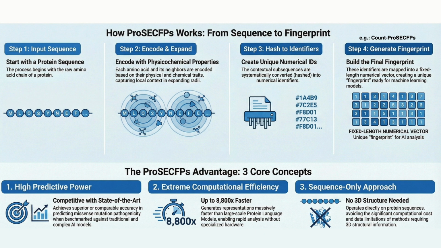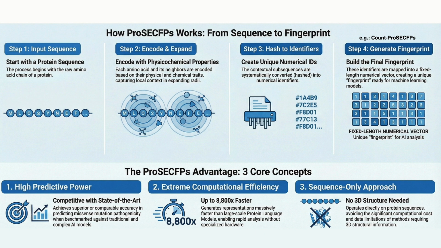The authors propose two types of representations. A binary method, where each position in the final fingerprint is either 0 or 1, and the count method, or frequency-aware version, which can capture how common or rare specific motifs are, which often leads to better predictive performance.